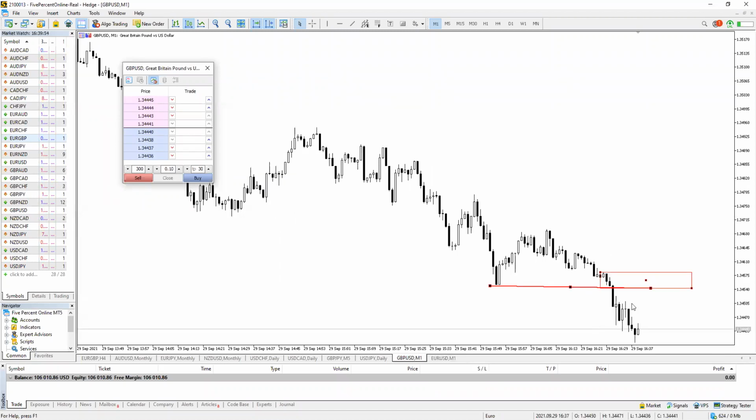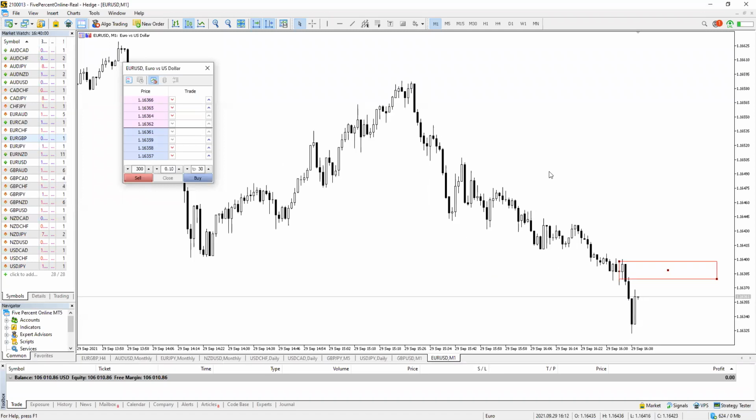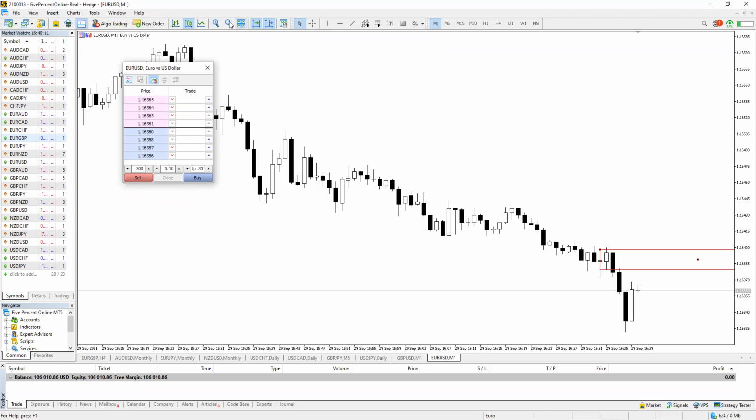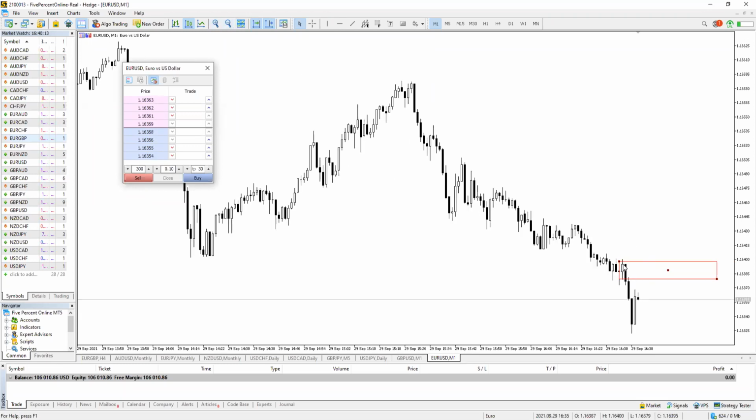Let's see what's going on with the pound. Pound, we have the movement up here. And if I go short on this area, my exit point is very clear, because I need to get out of any trade at the opposite side of this supply.